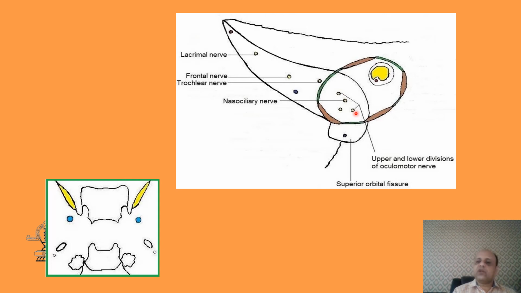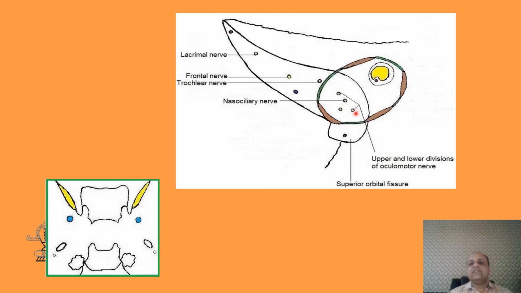Now in the lateral wall of the sinus, from superior to inferior aspect, we had oculomotor nerve and then we had the trochlear nerve. So trochlear nerve lies inferior to oculomotor nerve in the lateral wall of the sinus. Now near the anterior part of the sinus, the trochlear nerve crosses and becomes superior in relation to the oculomotor nerve.